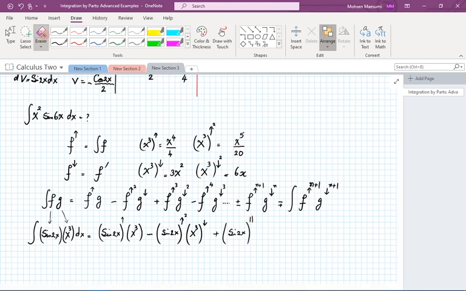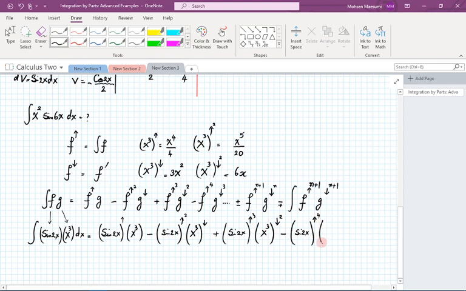I'm going to take it up one more time, so it's going to be 3 times. This one is going to go down twice, and again flip the sign. It's going to be sine of 2x. Now this one 4 times, and then x cubed, this one 3 times.